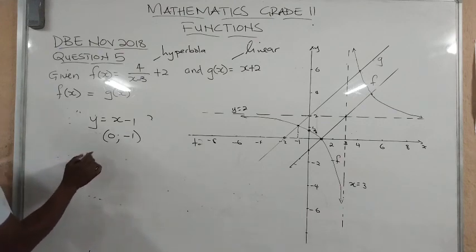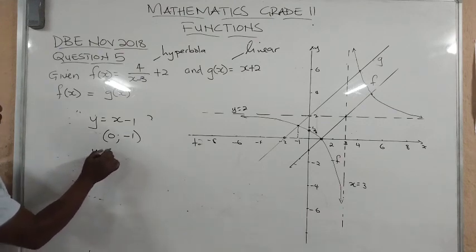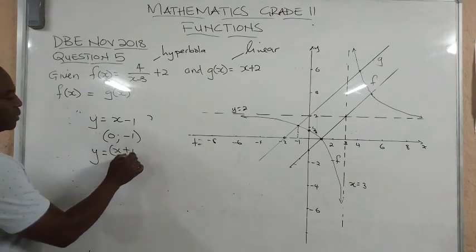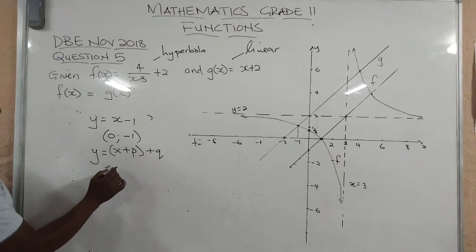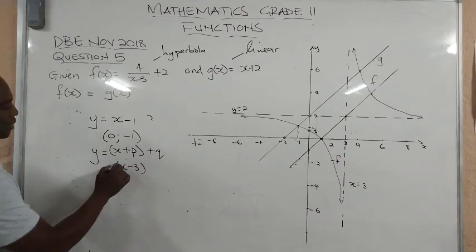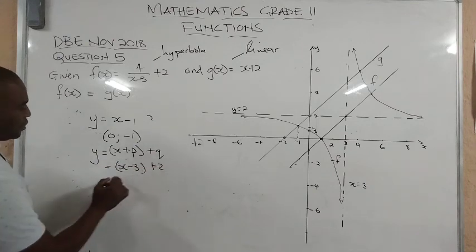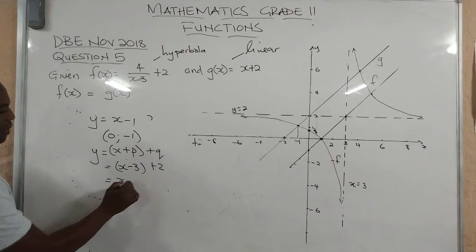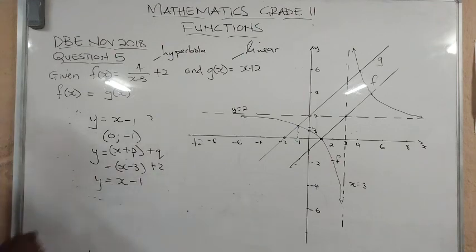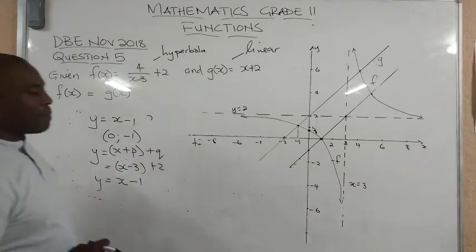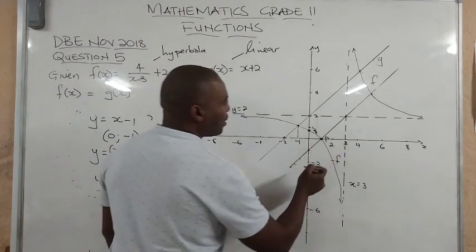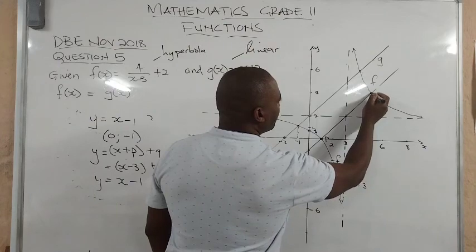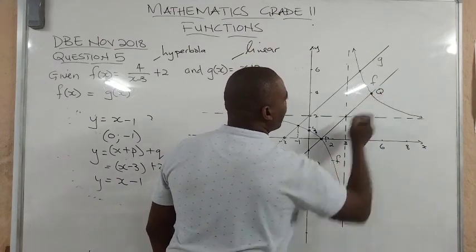Remember, the line of symmetry with positive gradient is y is equal to x plus p plus q. So that will be x minus 3 plus 2, which is x minus 1. Exactly, it is a line of symmetry. So this is point P, and we are going to have point Q there.